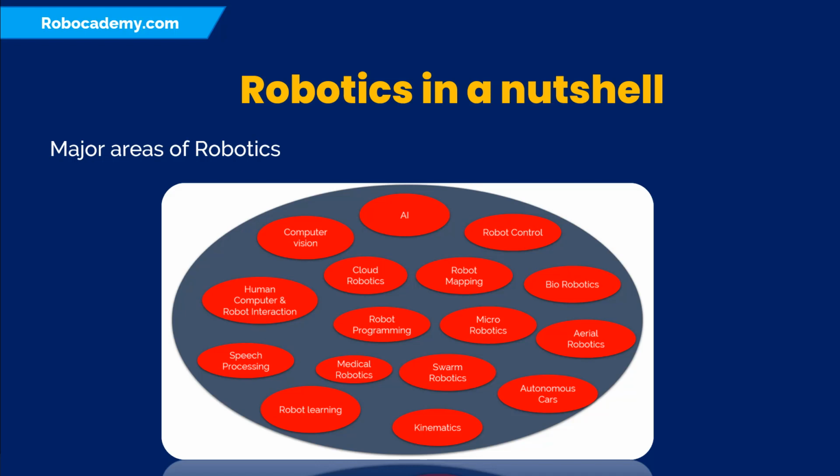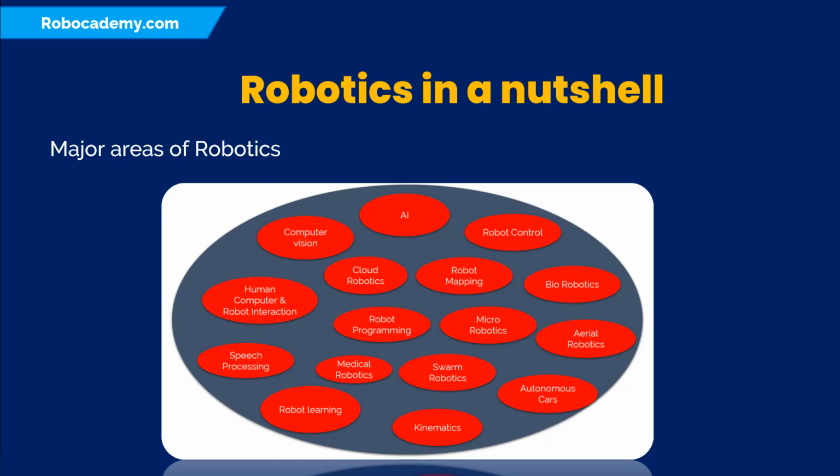And this is another important point. When you talk about robotics, it involves various domains. You can find that robotics involves AI, and then computer vision. If you integrate computer vision into robotics, we can say it's robotic vision.